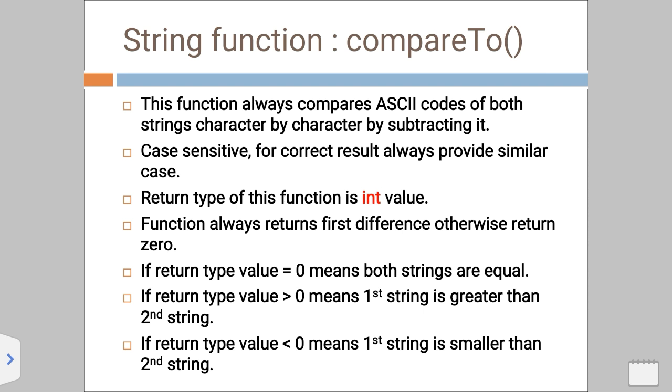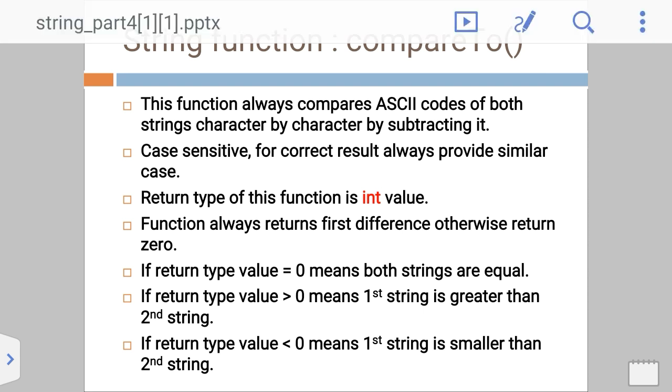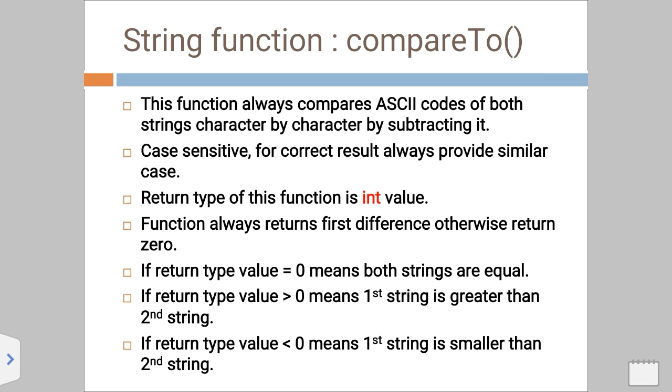Means if we are subtracting 4 from 5, then what we are getting? 1 as a positive difference. If we are subtracting 5 from 4, 4 minus 5, then we are getting minus 1, means a negative difference. If we are getting a negative difference, then it means the first string is smaller than the second string.